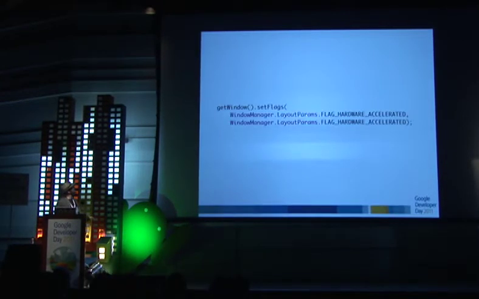On the window side, we actually can set flags. So you actually have to do this from code, and you can turn it off and on at the individual window. And then finally, this is really, really cool. We've had layers in Android for a very, very long time, which actually buffer drawn graphics to a secondary part of memory. But we've actually exposed them inside of Android 3.0.